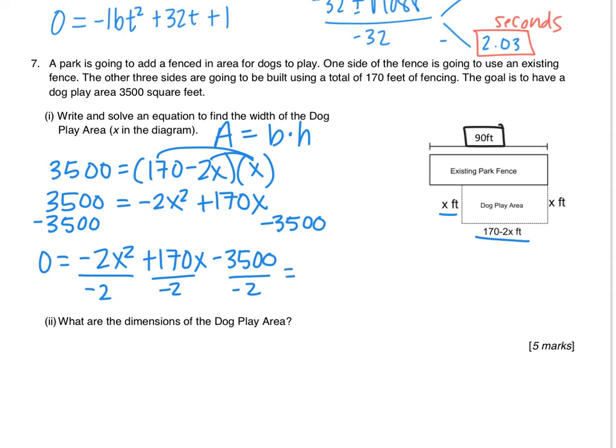Then this becomes x squared, 170 divided by negative 2, minus 85x plus 1750. So you can either use the first one as your A, B, and C, or this new one as your new A, B, and C.